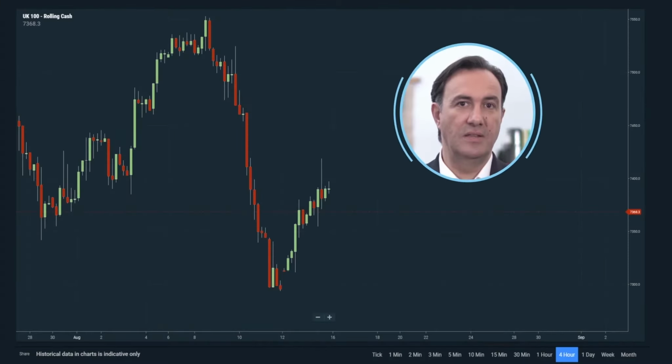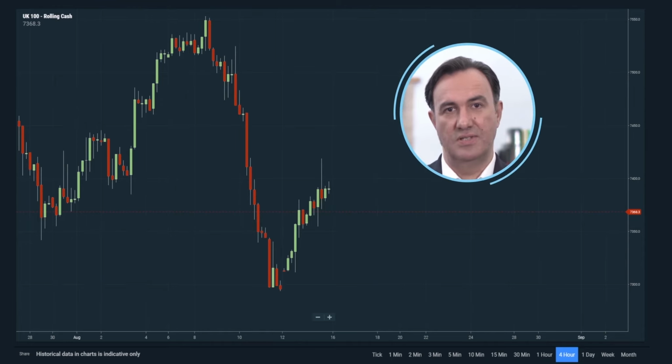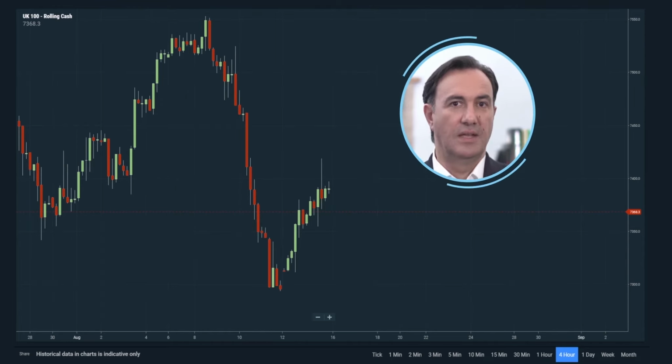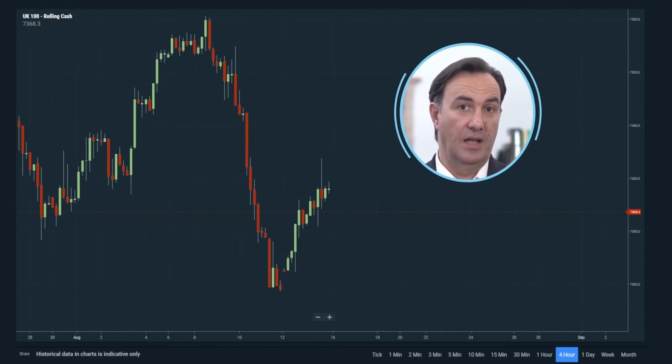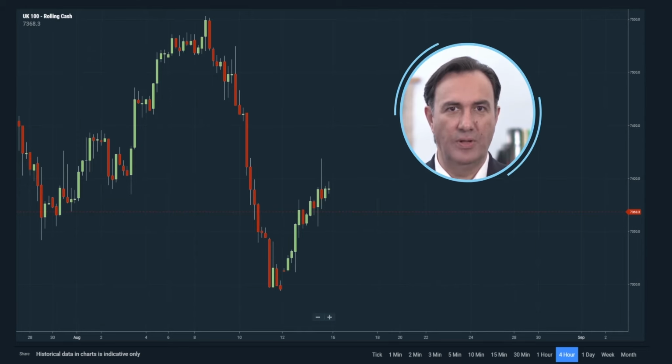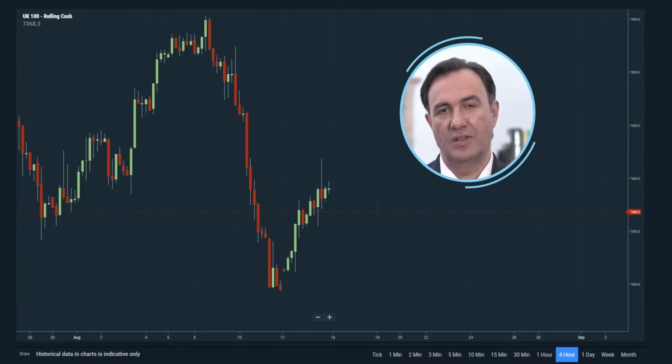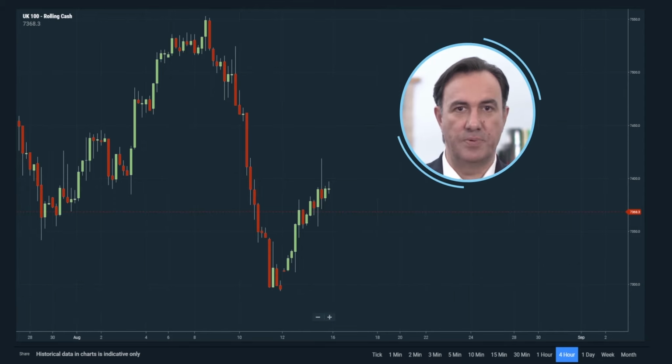Let's show this on a chart for the UK 100 and see if we can identify some potential support and resistance levels. Can you tell me where you think the significant lows and highs are? Remember, a low is a turning point when a downward trend reverses and heads up. A high is the opposite.